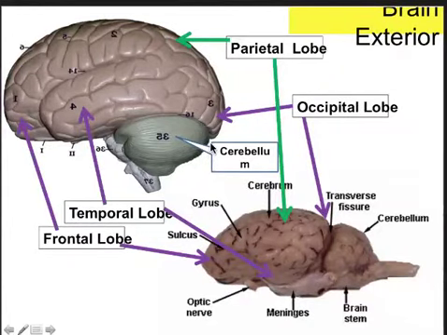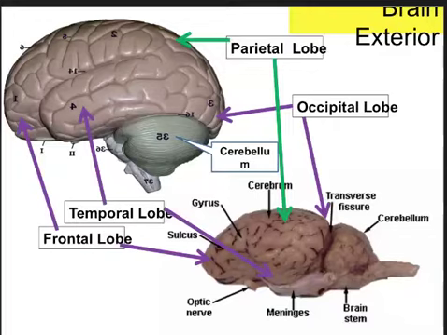Now, you might ask, okay, great, what do these lobes do? Well, the frontal lobe is the part of the brain that's involved with our higher thinking, judgment, and problem-solving skills, and it's also where we plan voluntary activity. This is where we decide how we want to do things like walk across the room, or bend over and pick up a piece of paper, or write a letter to somebody.